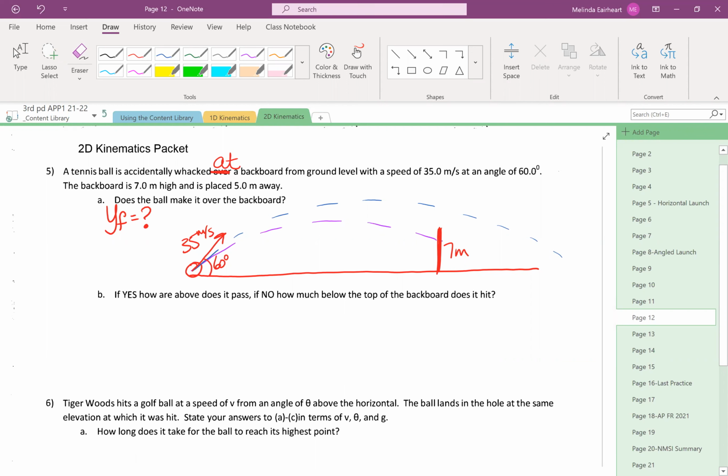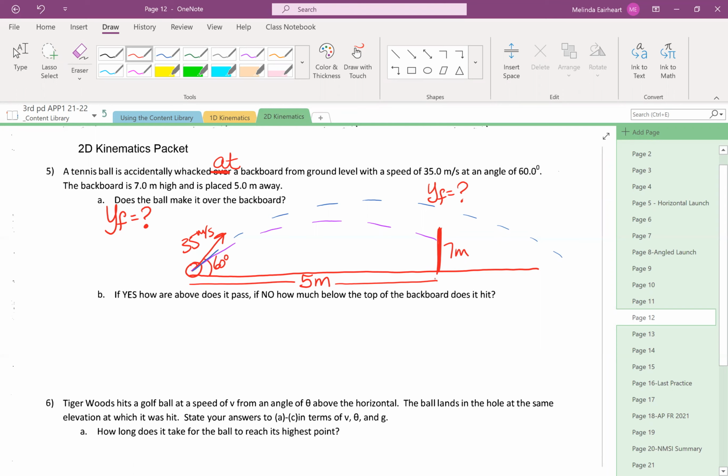And so in order to answer the question, you need to know, well, where is the ball when it makes it that horizontal distance away, which, by the way, they tell you it's 5 meters from the backboard, okay? And then once you know the yes or no, again, you can't answer it unless you know that final vertical position.